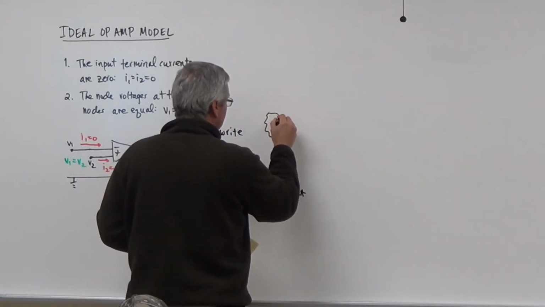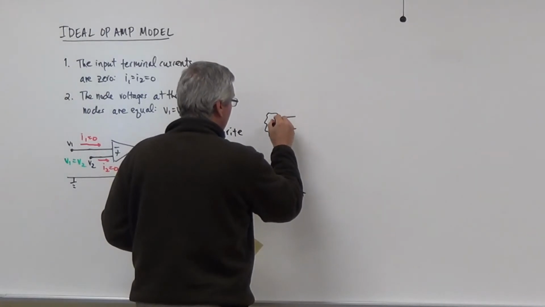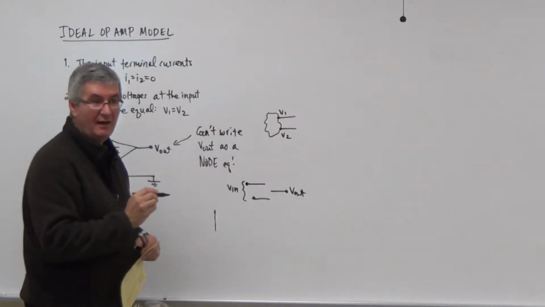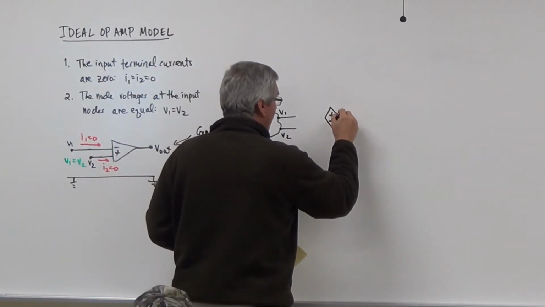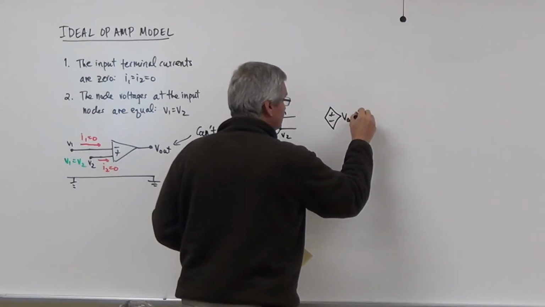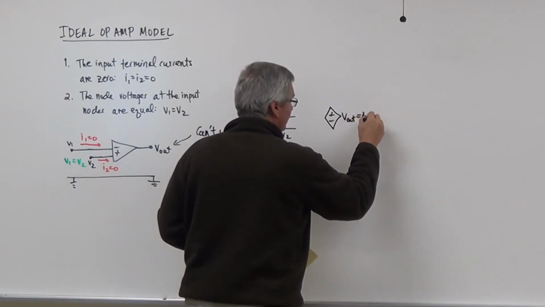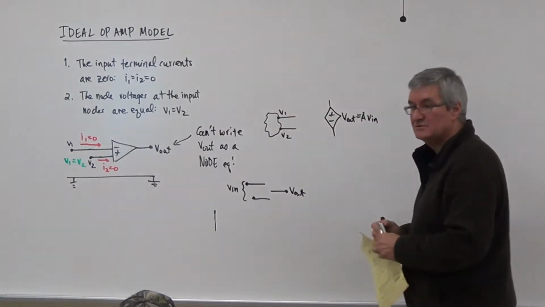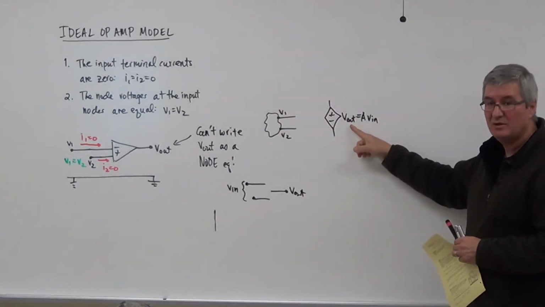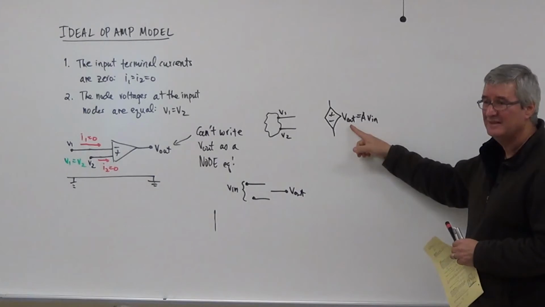I have a circuit. I'm going to take V1 and V2 relative to that, and then somewhere else in the circuit, I'm going to get V out that's equal to some scale factor times V in. So if you try to write a node equation for V out, that doesn't make any sense, right?